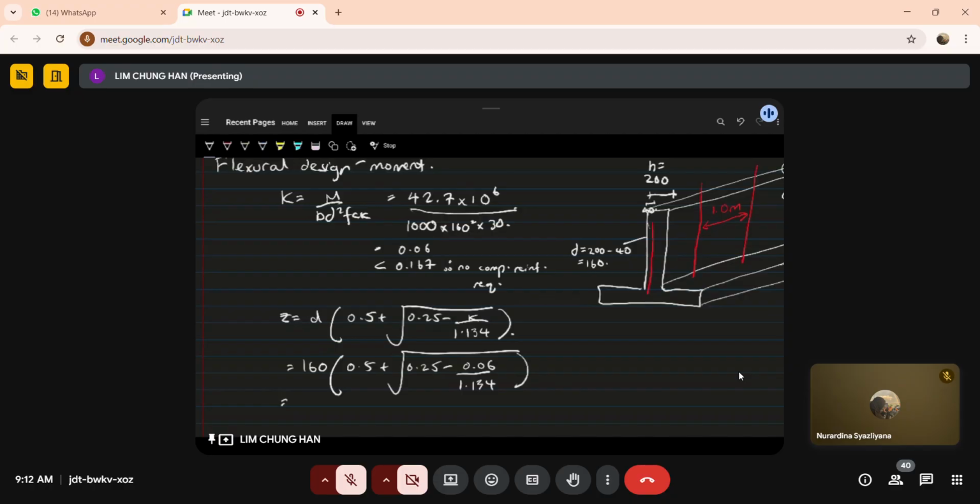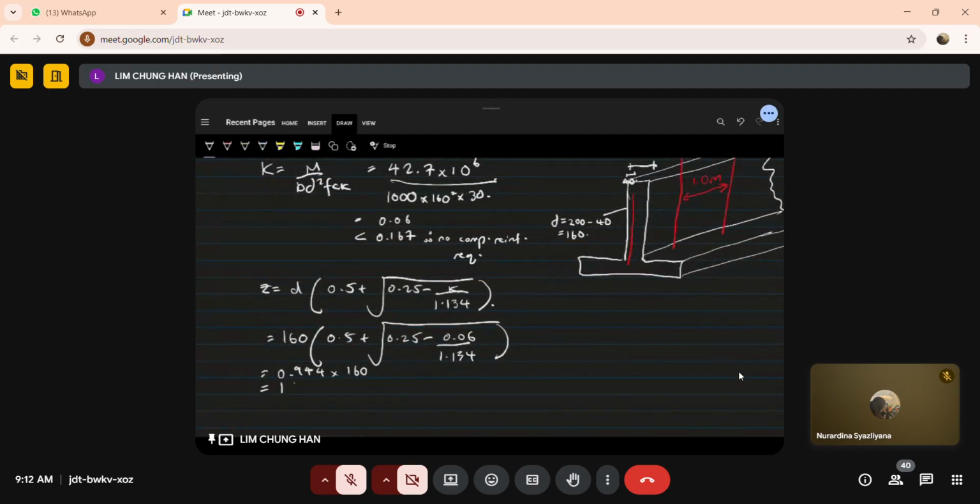So 0.06 divided by 1.134, square root, plus 0.5, gives 0.944. Multiplying by 160, it's 151 millimeter.